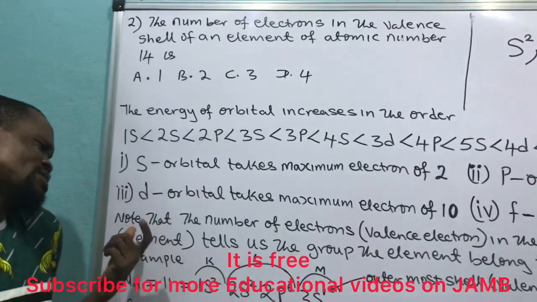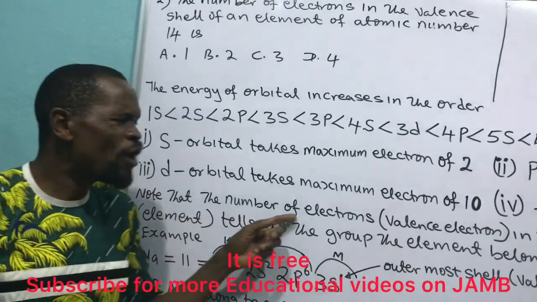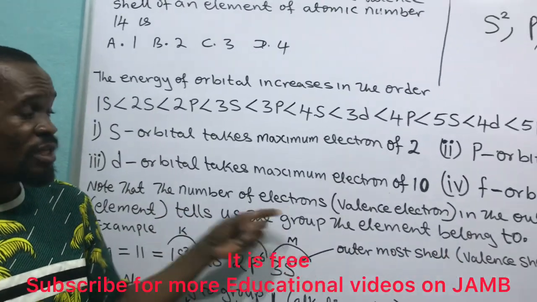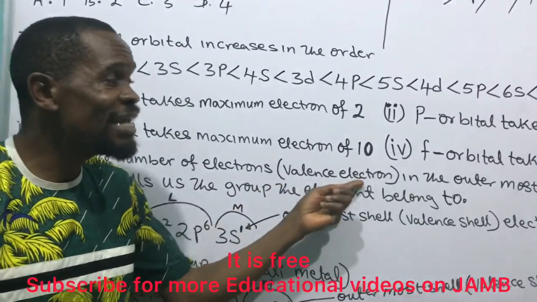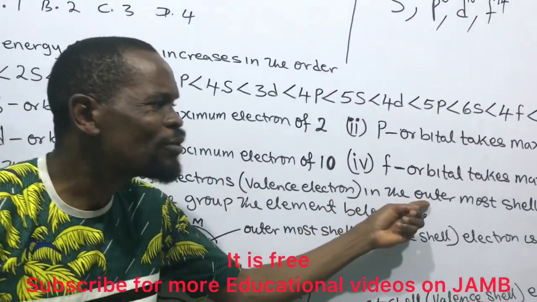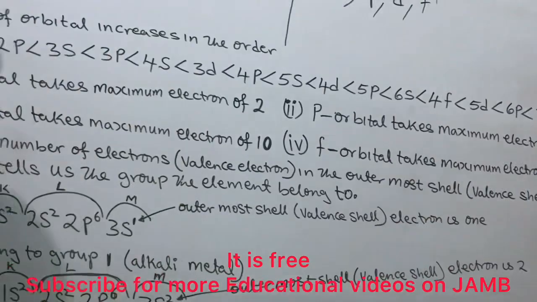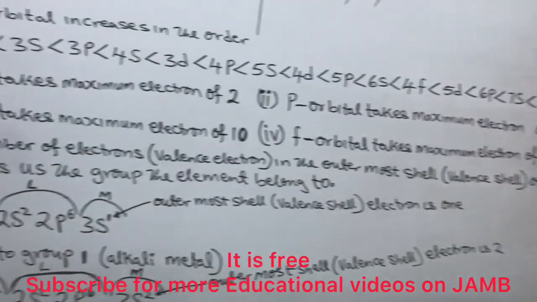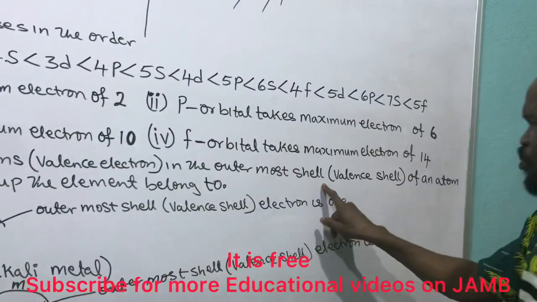We want to recall the number of valency electrons in the outermost shell. What do we call the outermost shell?